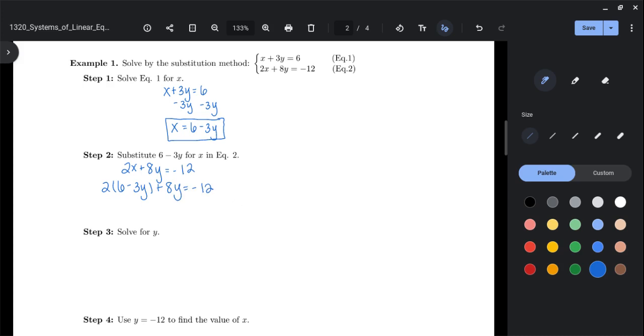Step 3 tells us that now in our new equation from step 2, this is only containing y's and constants. So now we can solve for y. So let me rewrite this really quickly.